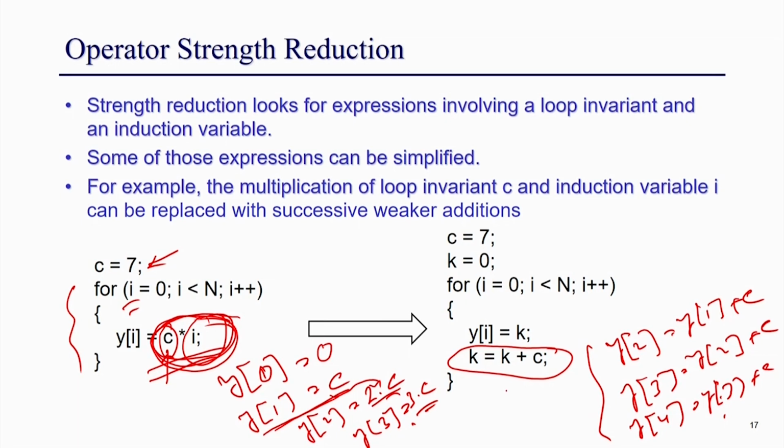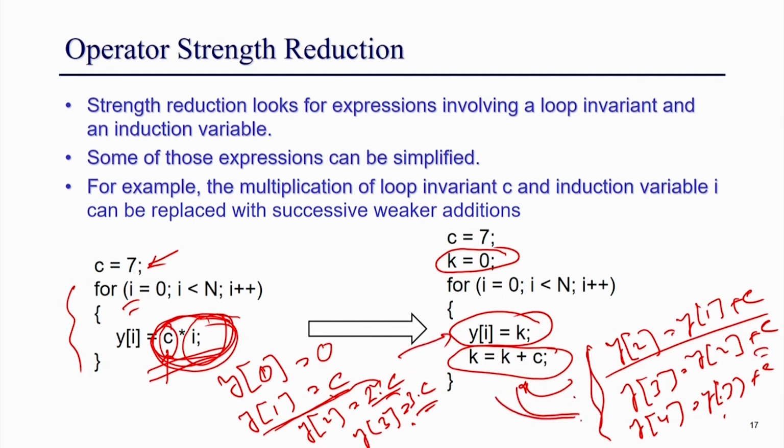So, this is what I am doing here. I have initially k equal to 0 because this is C times 0, and then y equal to k, and I am just calculating this directly. Or I can just calculate this because my k is the previous value, and then I just add C and assign this here. So, it is effectively doing this.